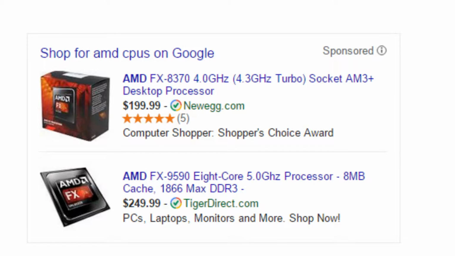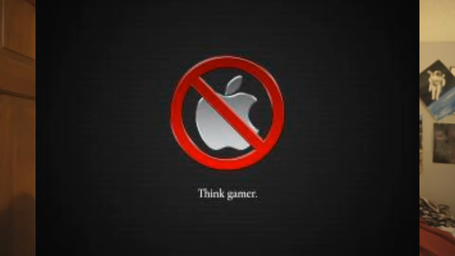There's an 8-core, 5 gigahertz stock processor with 8 megabits of cache, which cache is like when you go to the history of your Google Chrome, because everybody uses Google Chrome. Who wouldn't? People that are Apple. Anyway, like I said, you go to your history, and the cached memory is what it remembers.